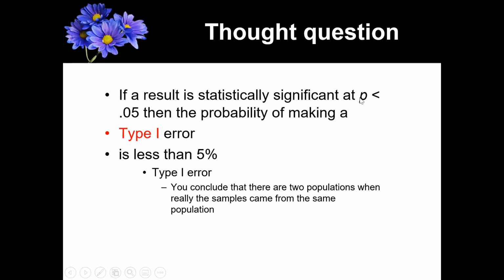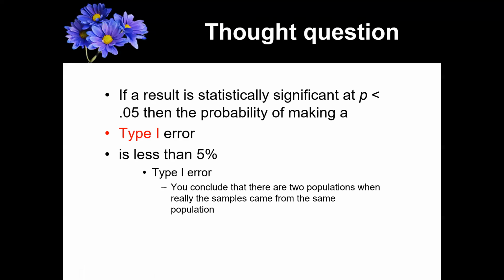Since our p-value is less than 0.05, remember, the p-value says what are the odds of getting this difference in sample means, assuming there was no actual difference in population means. Here, since that p-value is less than 5%, there's less than a 5% chance that you found a false positive, that by sampling error you got a significant difference.